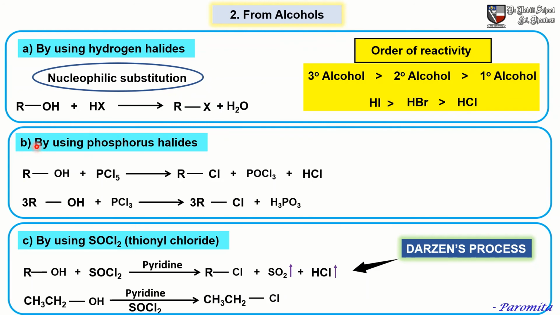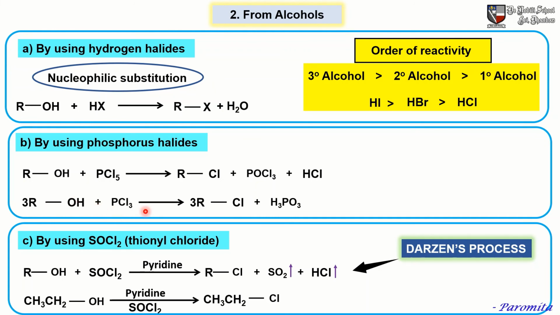Now let us discuss the next method, that is preparation of RCl from ROH using phosphorus halides. We can use either phosphorus pentahalides or phosphorus trihalides. See, this ROH is reacting with PCl5, phosphorus pentachloride, to give RCl plus POCl3 plus HCl.